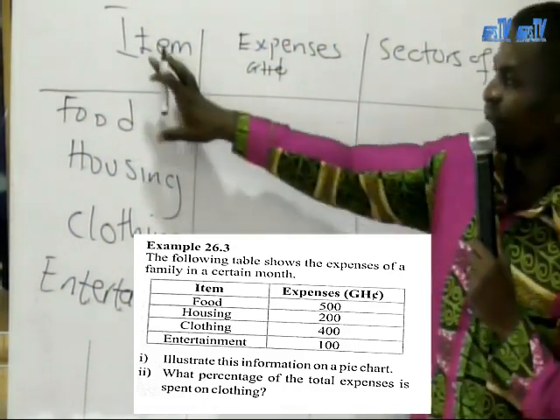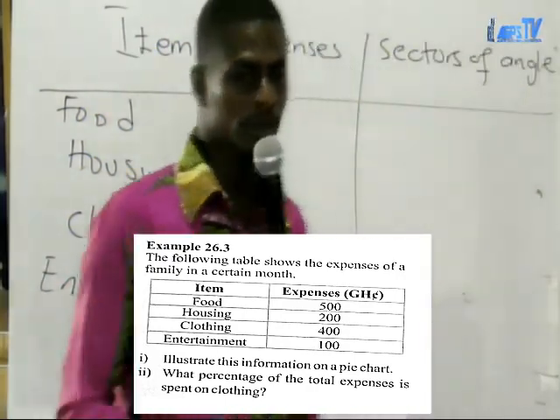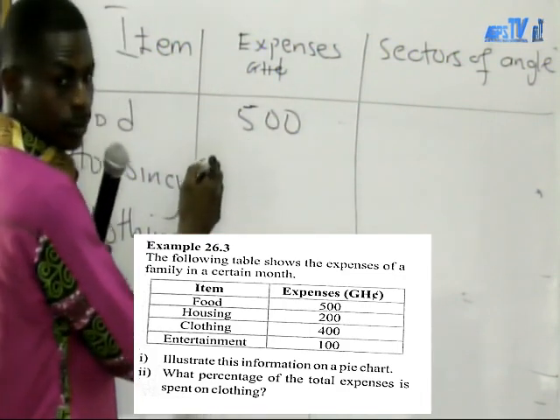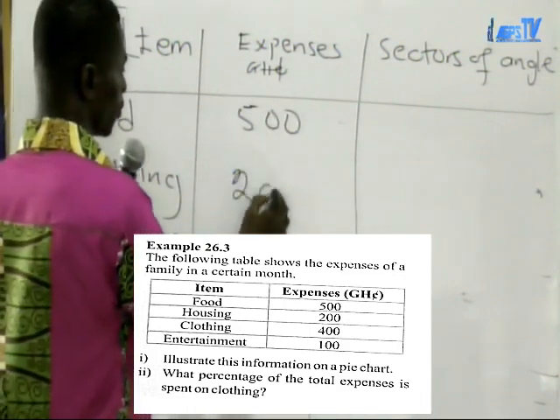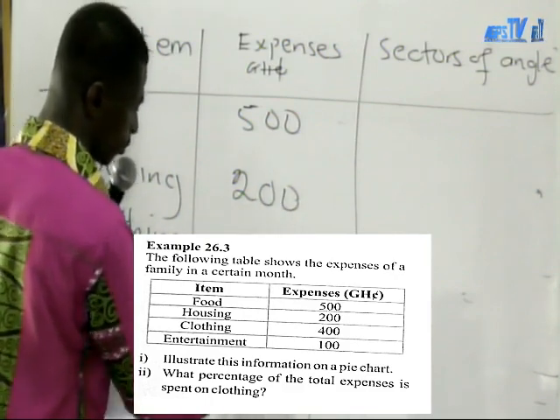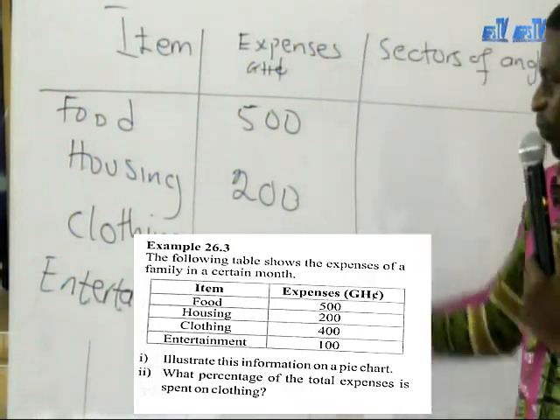This time as our various items. And then we have the expenses to be, so these are the various frequencies for each of them.